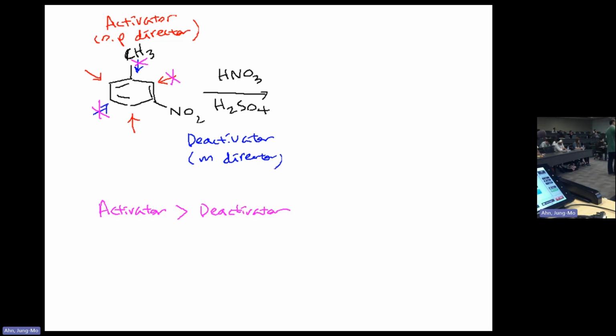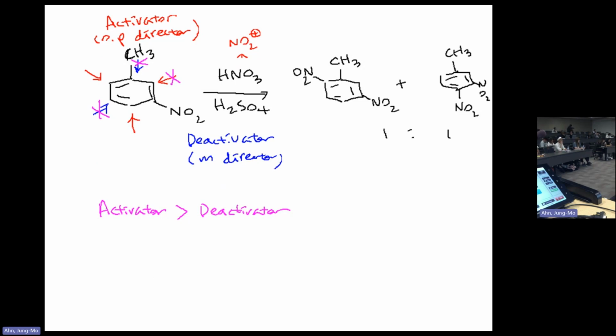So it will be either here or there. Because this molecule is not symmetrical anymore, we're going to have a mixture. One, the nitro group is introduced at this position. Two, the nitro group is introduced at the other position. I don't expect too much difference between these two, so we will probably get just a 1-to-1 mixture.